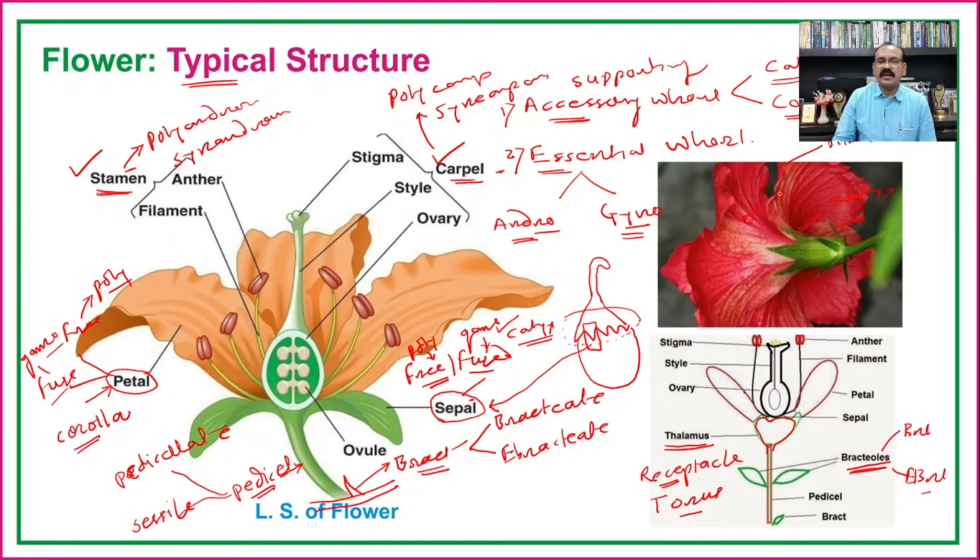Then come the petals, the corolla, and then androecium and the gynoecium. So this extra whorl which is present outside the calyx is known as epicalyx.